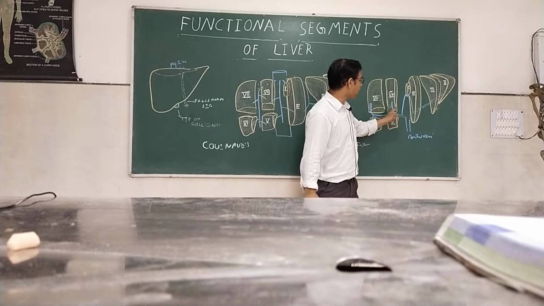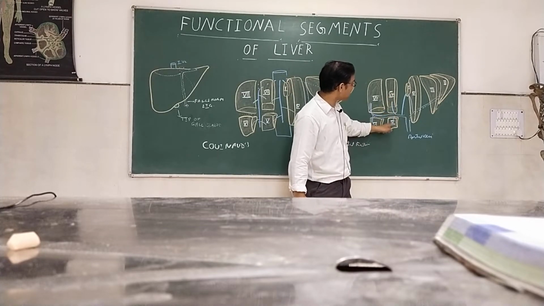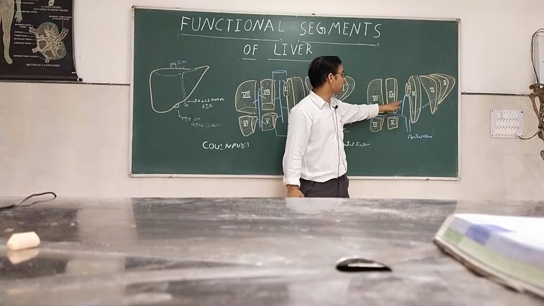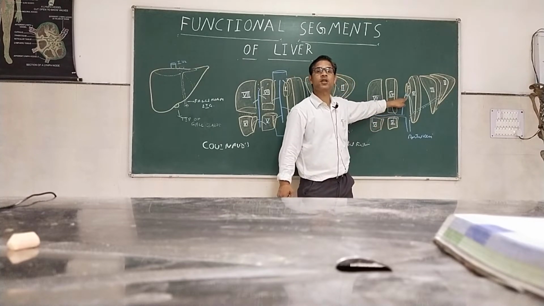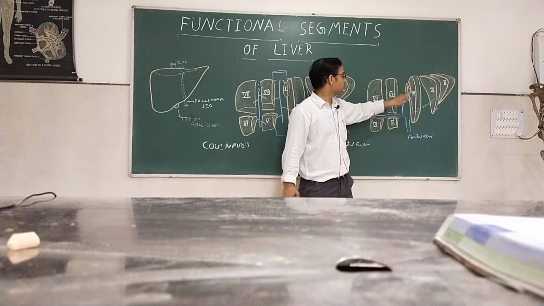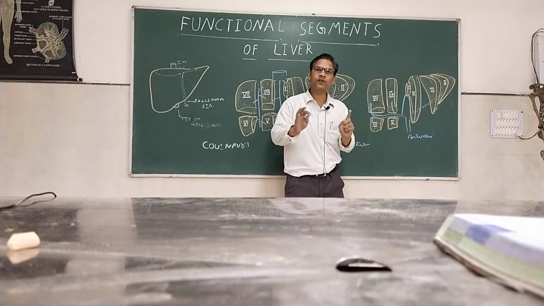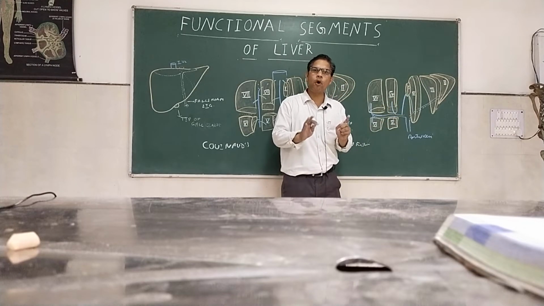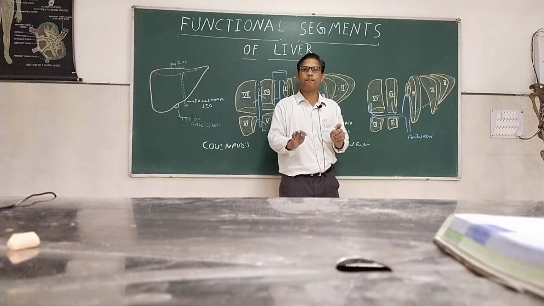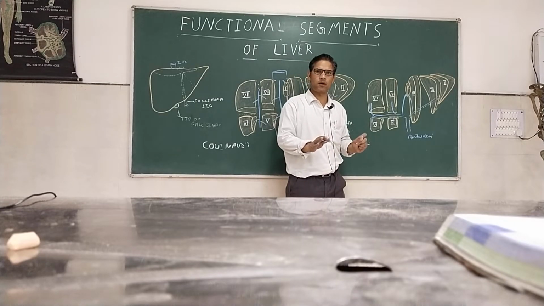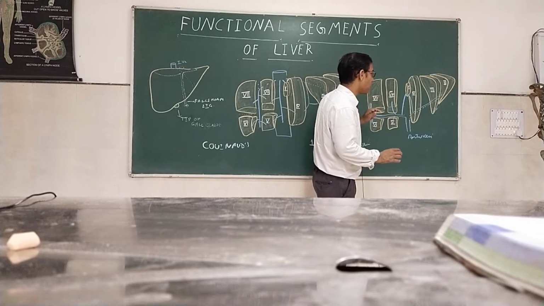And right before supplying the 8th and 5th, it gives an individual branch supplying the caudate lobe. Both left and right portal veins give a branch which supplies the caudate lobe, or segment number 1.